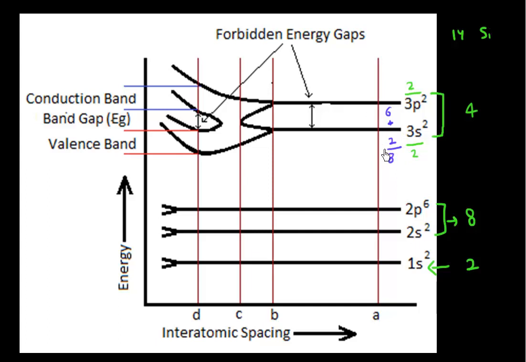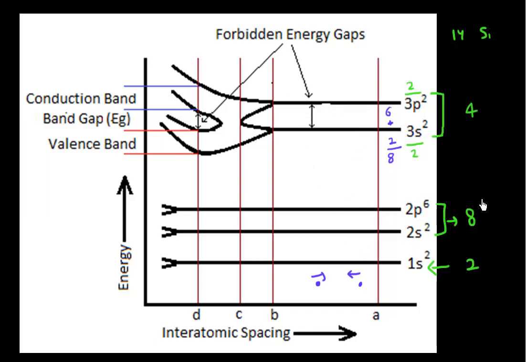So now what happens as you try to decrease the interatomic spacing? If you have atoms which are far apart, the electrons in these individual orbitals are not interacting with each other. But when you bring them closer, these electrons start to interact, and what we see is that most of this action is located in the electrons in the outermost shell.